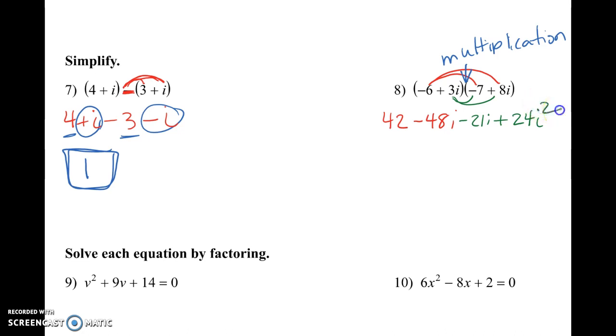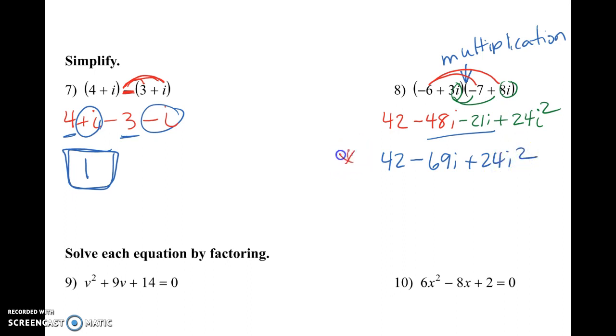Oh, i squared, I'm sorry. See, there's an i times an i, that gives you an i squared. So if I combine like terms, I can combine these two. I would get 42 minus 69i plus 24i squared.